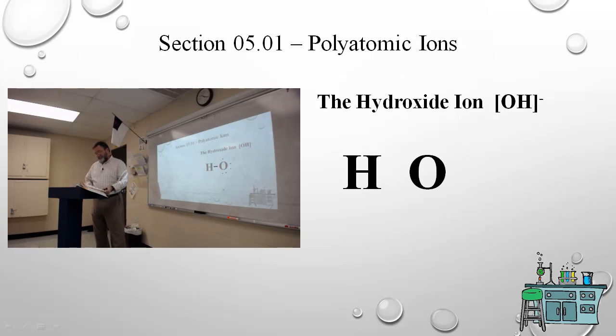However, hydrogen is satisfied, but oxygen is not. What would be required for oxygen to satisfy its octet? Go ahead. One more electron, right? So the net charge is 0 right now.